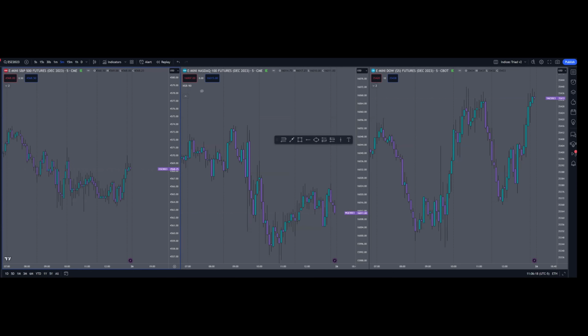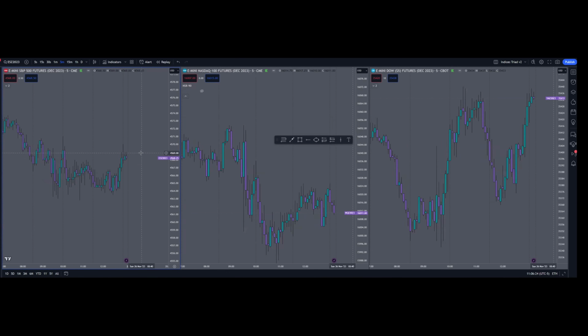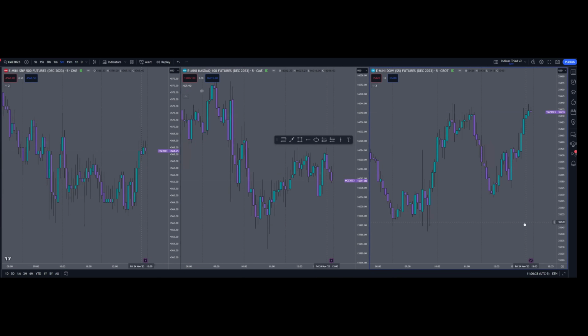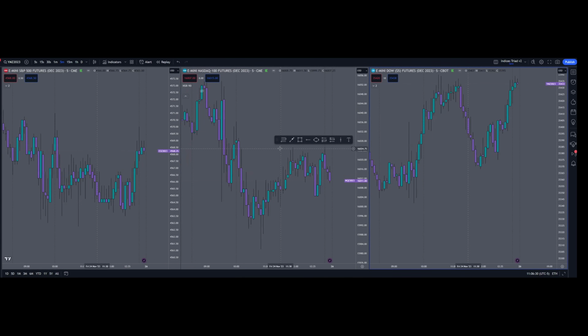So let's see, I have this little agenda here. When we look at index futures, I wanted to visualize the concept itself. This is one of the screens that I have, what you see right now, the 5-minute chart on all major index futures.